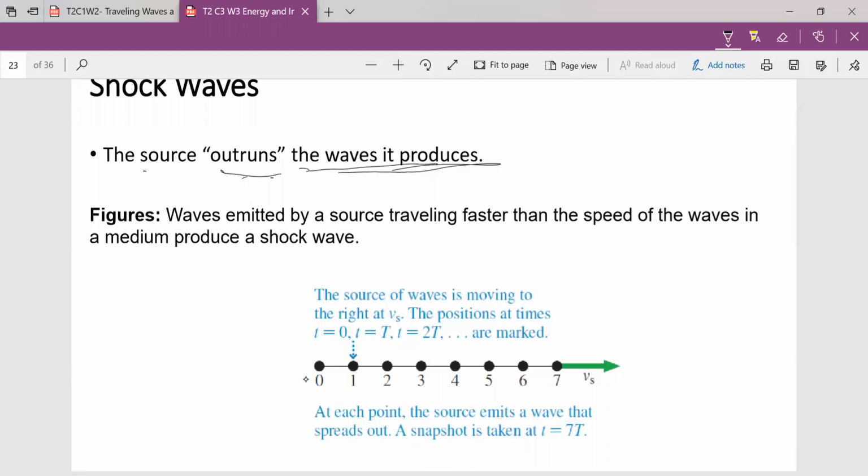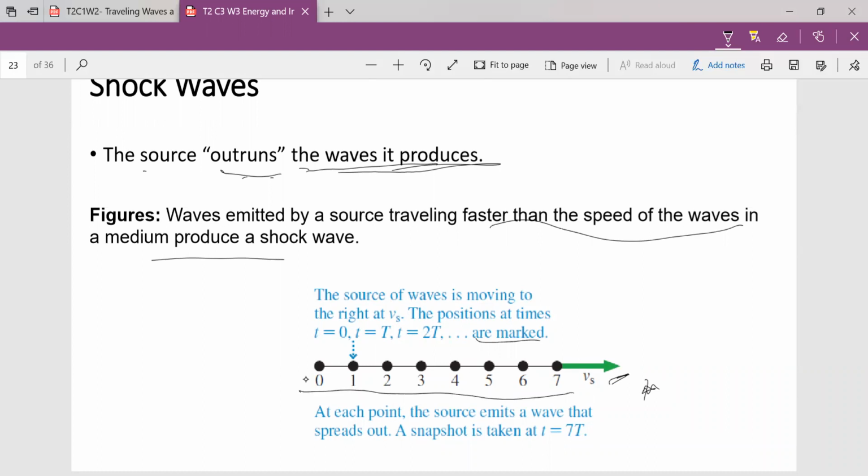Let's see a representation of the wave emitted by a source traveling faster than the speed of the wave that it produces. Let's see this figure and a couple of other figures to buttress this point. The source of the wave is moving to the right as typified by this arrow. Now the positions at different times are marked from 0 to 7.